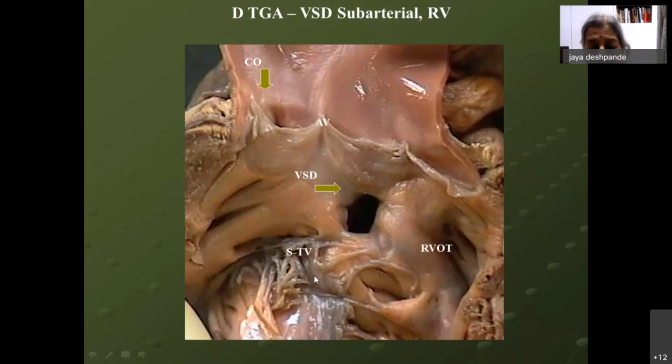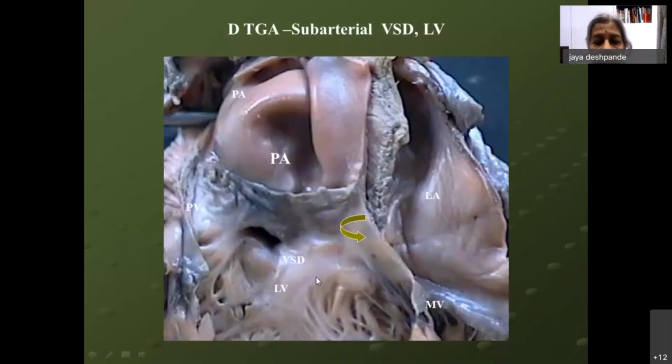This is the tricuspid valve leaflet. As seen from the left side, this is the subarterial VSD sitting just beneath the pulmonary valve, left ventricular outflow, and mitral valve to pulmonary valve, fibrous continuity.